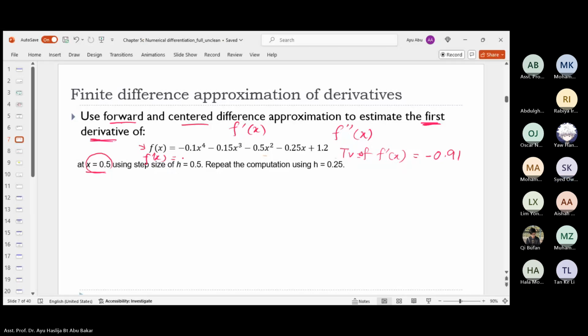Minus 0.4 x cubed over... 4 times minus 0.1 over 4... then 3 times minus 0.15 x squared, minus 0.45 x squared, then minus 1 x, plus 0.25.